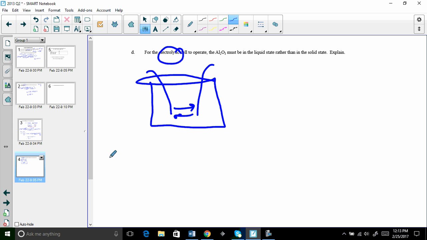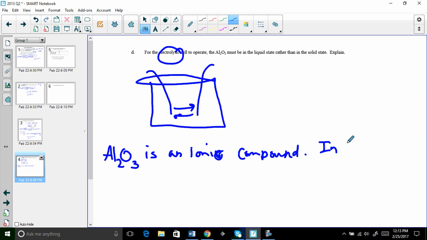And so this is just what the scoring guidelines say. I'm just going to write it down, but I just want to talk about it. Al2O3 is an ionic compound. Ionic compounds have a strong force of attraction because of Coulomb's law, and so ionic compounds tend to be solids. In the solid state, even though it has charges, it will not conduct electricity.